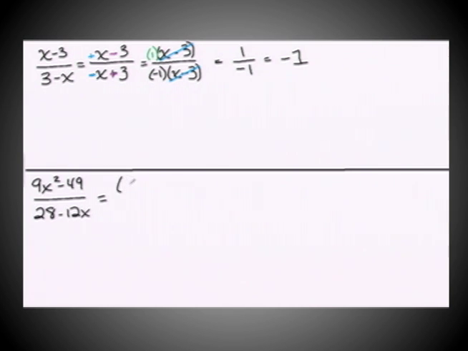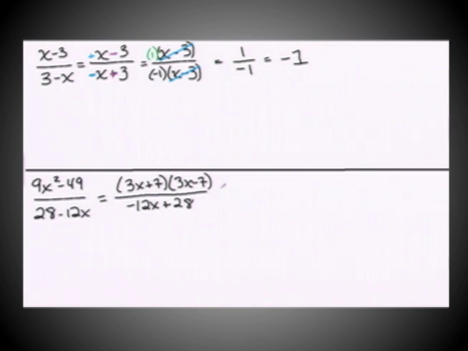So this can be factored as 3x plus 7 times 3x minus 7. And I'm just going to put my denominator into standard form for this first simplification. So negative 12x plus 28.